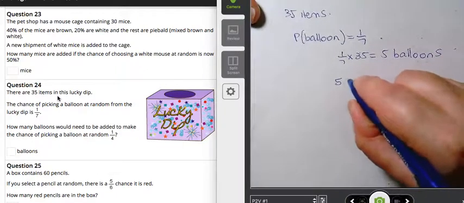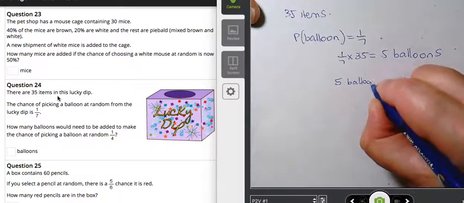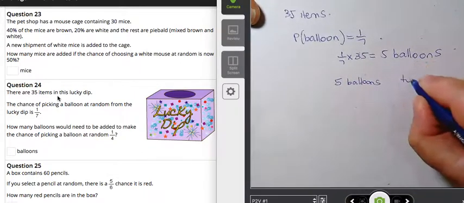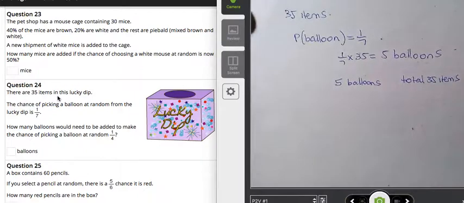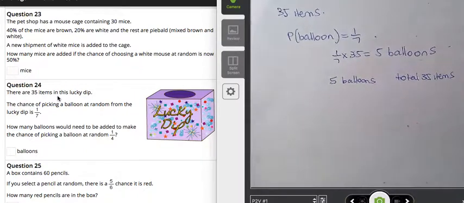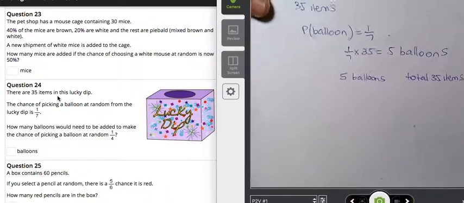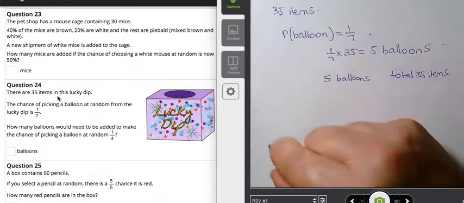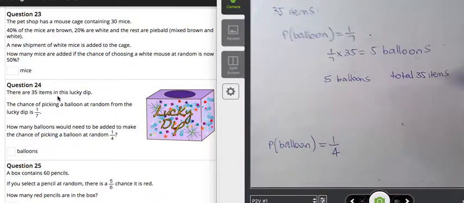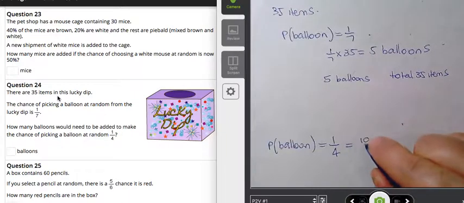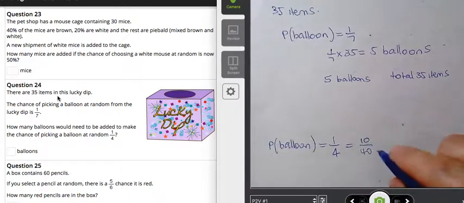So remember, we've got 5 balloons at the moment, and we have a total of 35 items. Now we want the probability of a balloon to equal a quarter. Now, a quarter is something like 10 out of 40. That's just an example.